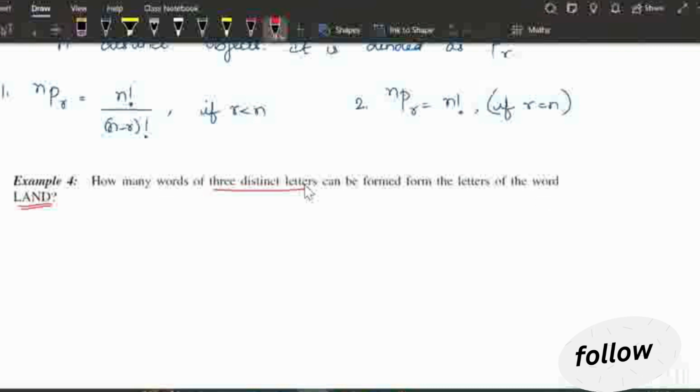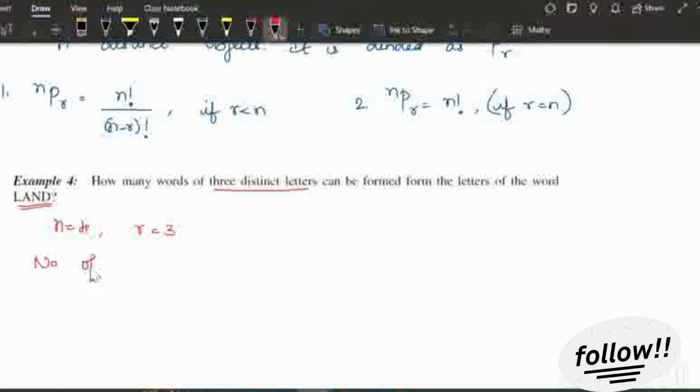Always in such permutation problems, first identify what n and r are. Here n is 4, which is the number of letters, and r is 3. How many letters do you have to pick out of this and arrange? r is 3.